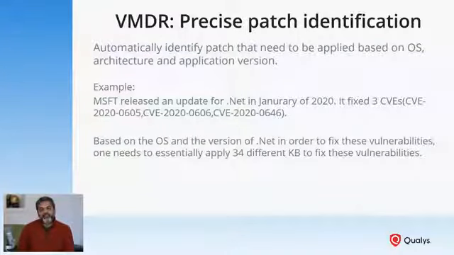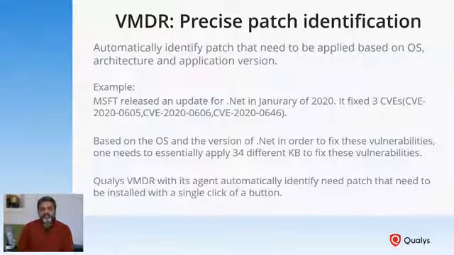But if you look at the combination of the operating system and the version of .NET that is deployed, the architecture of the system, whether it was 64-bit or 32-bit, the language of the particular version of the operating system, there's like 34 different KBs that are required to be deployed to fix that one particular patch, as an example. So IT administrators really spend a lot of time trying to figure out how to take the information about the vulnerability. It's easy to say, okay, go fix this vulnerability, but how do you translate that into the actual patch that needs to be deployed on the individual machine?